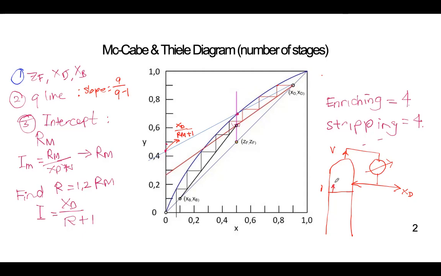What is the composition of the vapor leaving tray one? How do you read it, Ilham? This point, the Y, gives the coordinate for the composition of the vapor leaving tray 1. So what is the composition of the liquid leaving tray 1?